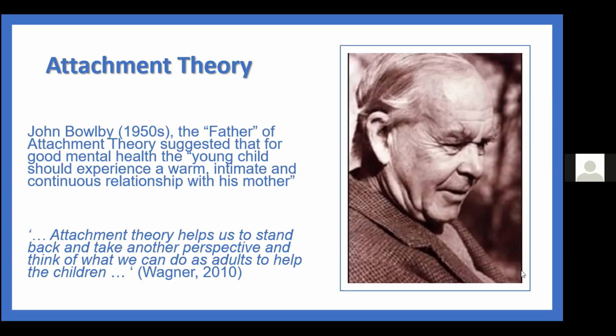So it's a bond that lasts throughout life and that we continue to go back to. And he was coined the father of attachment theory as a result of his work. And the main idea coming out of that was that, for good mental health, the young child needed to have experienced a warm, intimate and continuous relationship with his mother or primary caregiver.